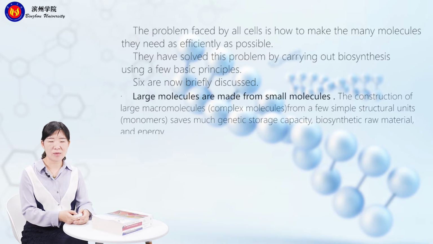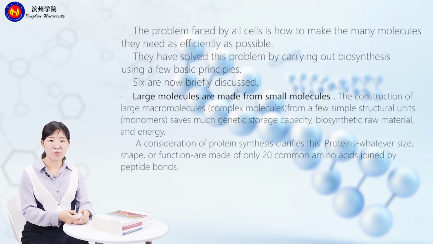The first, large molecules are made from small molecules. The construction of large macromolecules from a few simple structural units saves much genetic storage capacity, biosynthetic raw material, and energy.